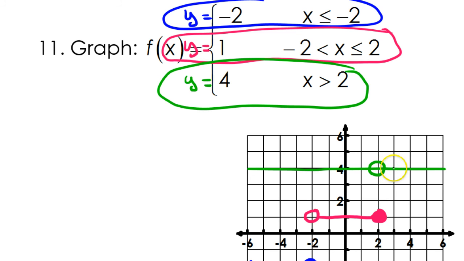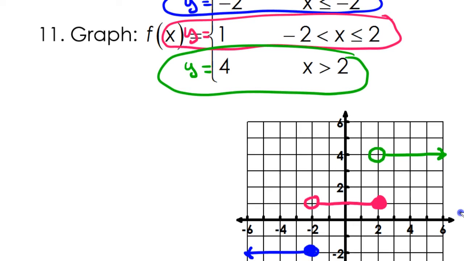Greater than 2 would be to the right. Now, we want the x values that are greater than 2 at this level, not equal to 2. So since there's no equal to 2 happening, we're going to leave this as an open circle. So this is what your answer to number 11 should look like.